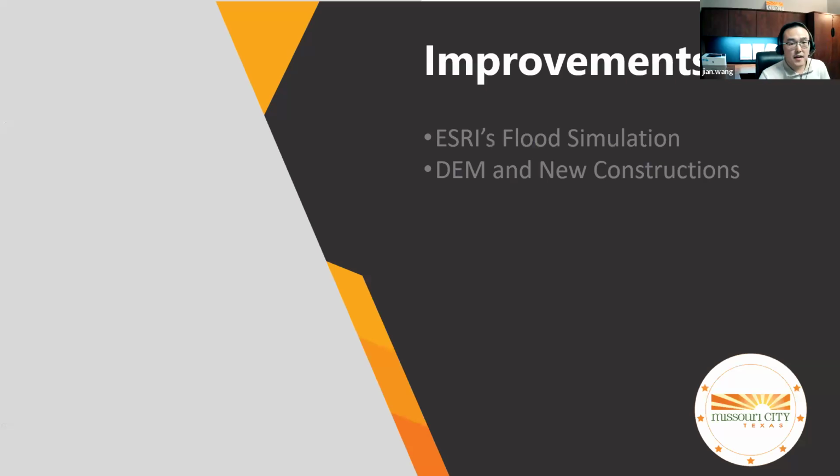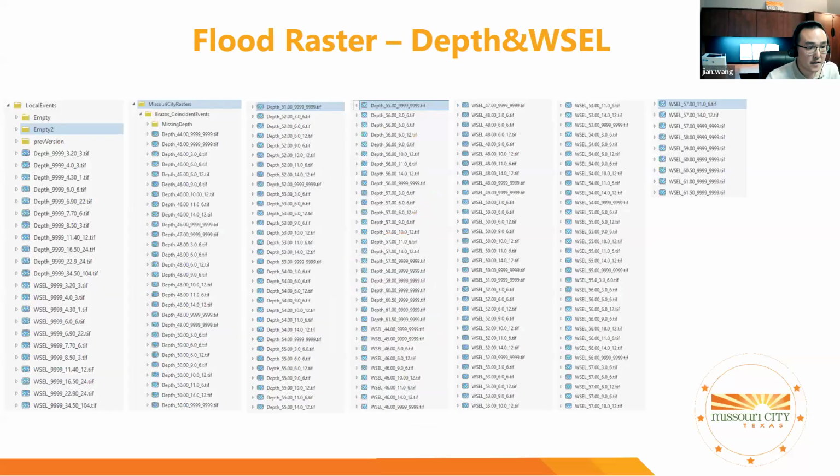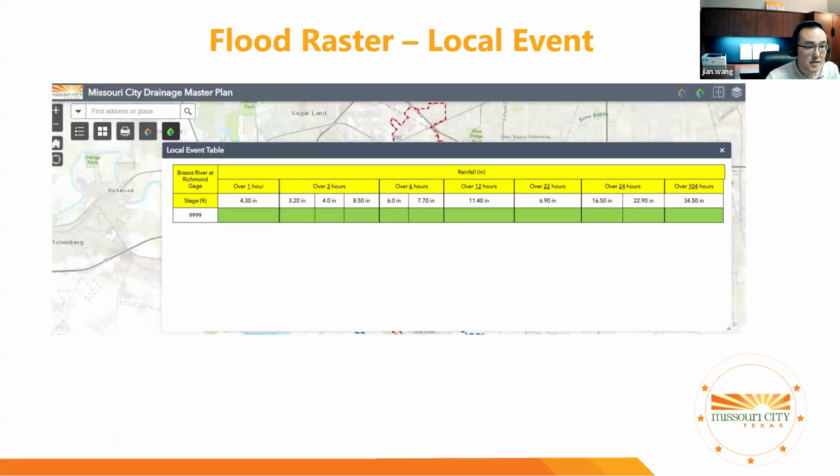I have some things to mention. I know Esri has a tool called flood simulation, and you can simulate the rainfall rate also. But we didn't use that this time because, as you may remember, we have three scenarios.